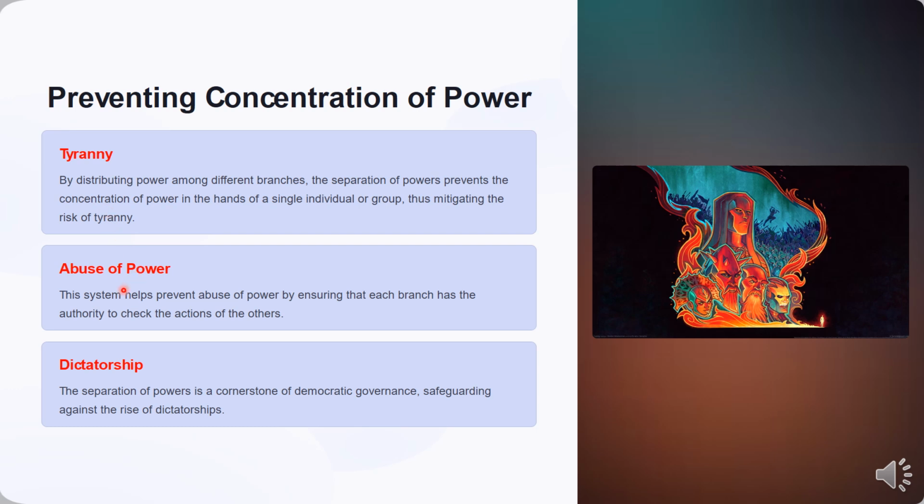Preventing the concentration of power limits the authority of each branch and encourages accountability. Preventing dictatorship promotes democratic governance. So preventing concentration of power is essential for protecting individual liberties and promoting democratic stability.